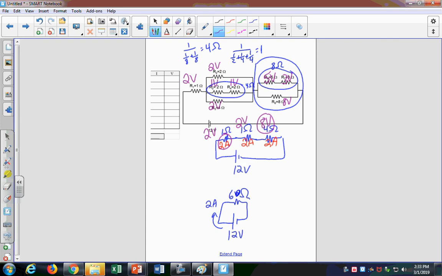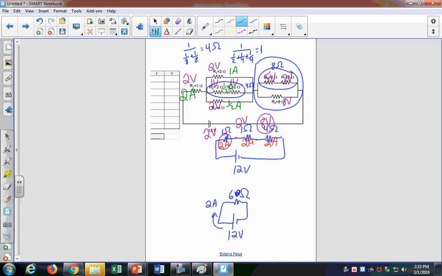And then if I ask you for the current, well, I is just V over R. So my currents here will be 2 amps, 1 amp, a half an amp, a half an amp. By the way, let's just point out that if I have 2 amps here, I have 1 amp, I have a half an amp on this branch, and I have a half an amp here.